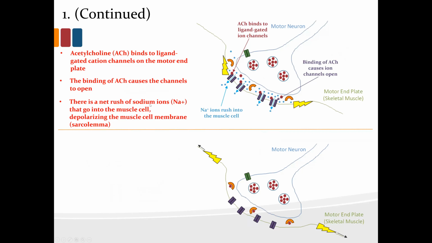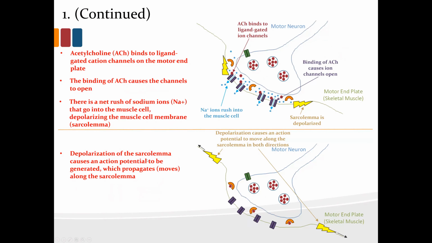And with sodium ions, we're adding positive charges to the inside of the cell. Remember, the inside of the cell had a negative membrane potential. We're adding positive charges, so we're making the membrane potential more positive, and that is called depolarization. So we get a depolarization of the muscle cell membrane, which again is called the sarcolemma.